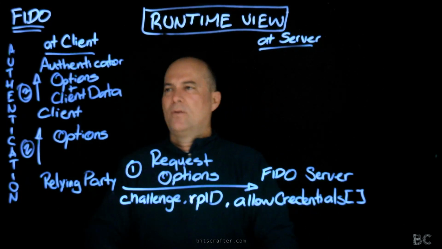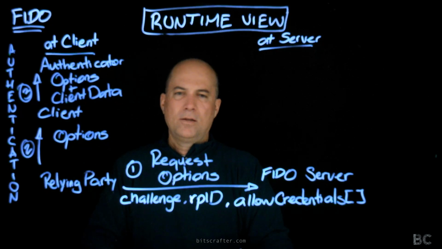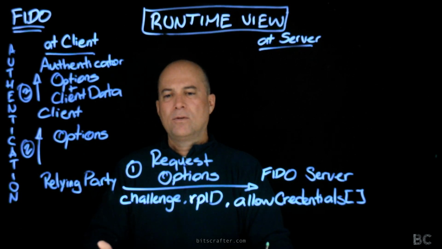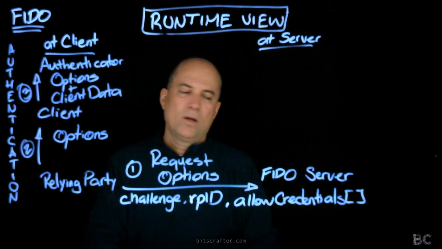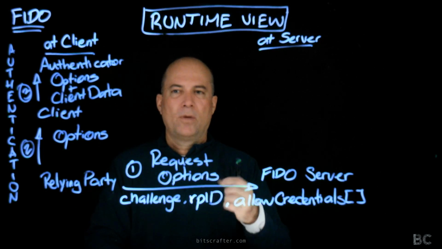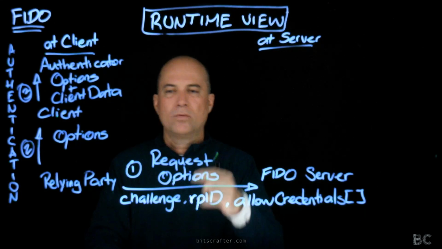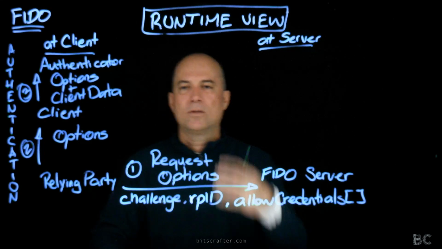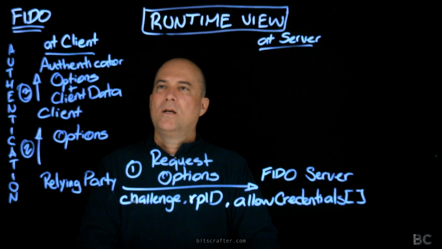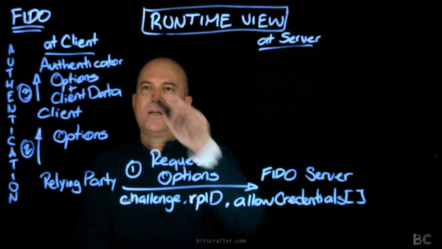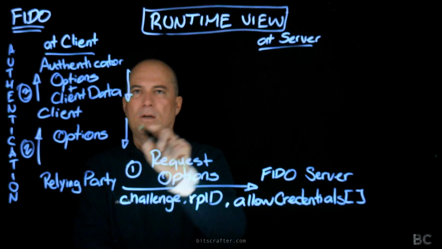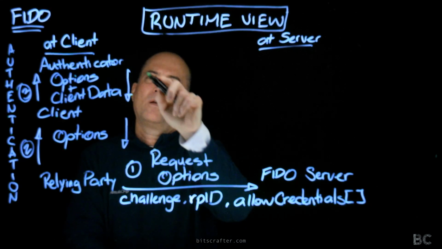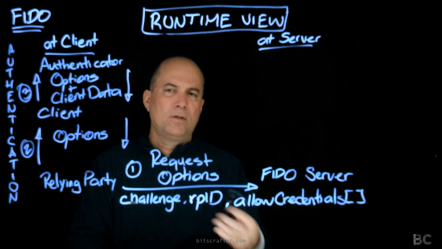So the authenticator is now in control and is going to find, okay, what are the credentials that I know that are acceptable. It's going to interact with the user, and the authenticator somehow is going to say, oh, okay, this user actually owns this ID, which is part of the allowed credentials, so we're fine. So on success, the authenticator is going to return what's called authenticator data.